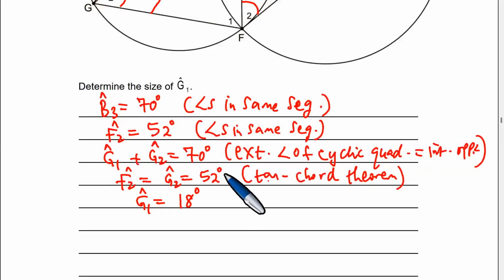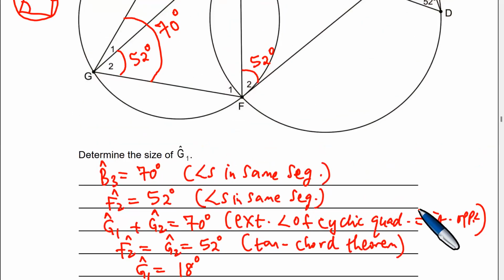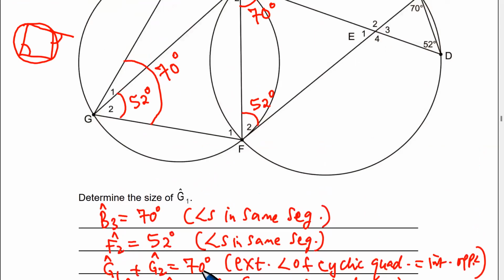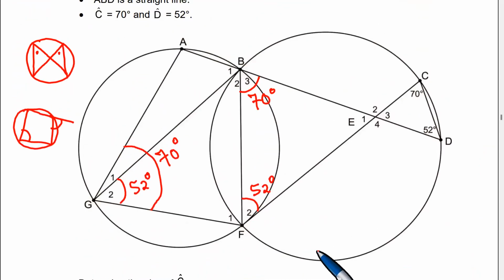We're done with this question because they asked us to find the size of the angle G1. We can come here and realize, therefore, that angle G1 in the diagram equals exactly 18 degrees, and we have been able to determine that angle there.